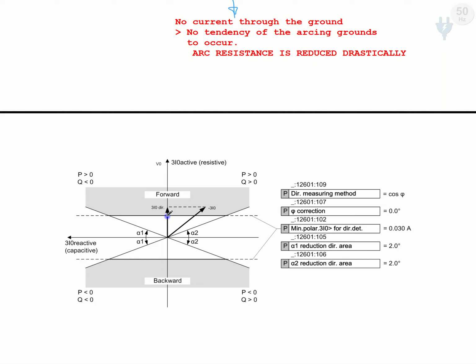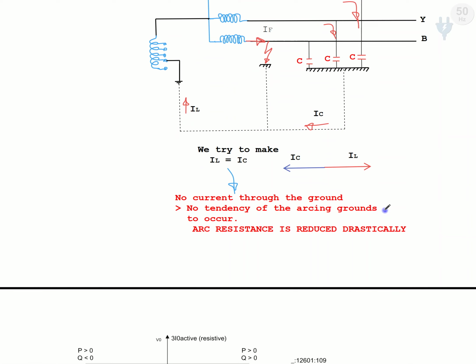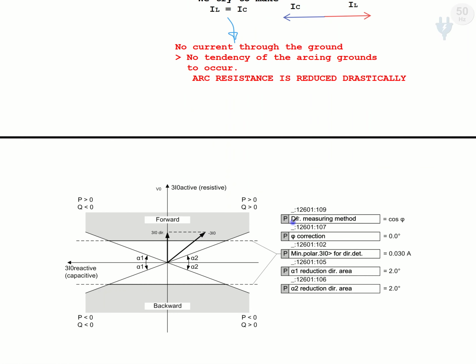So we select this axis, the symmetrical axis, to be at 90 degrees with V0, and it should be on the line of P, so it should not have any tilting angle. So the phi correction we set as 0 for the coil grounded systems.